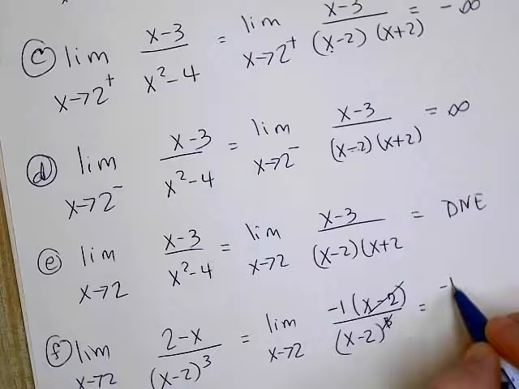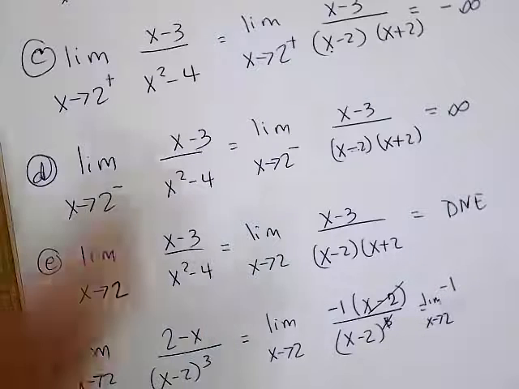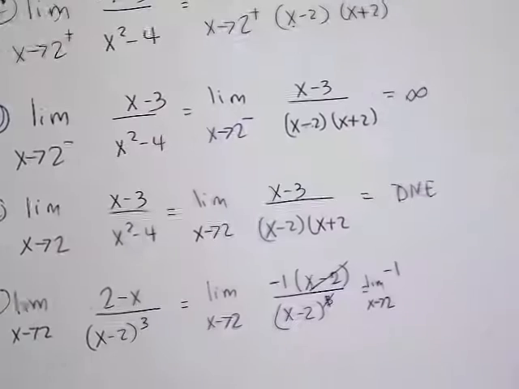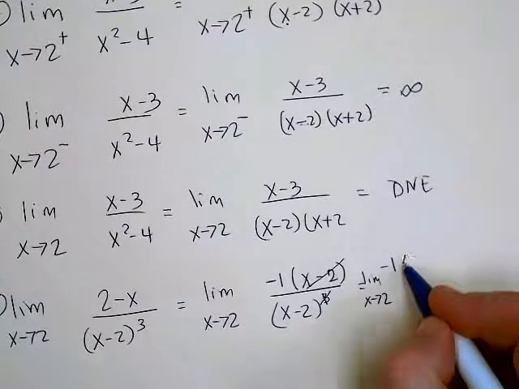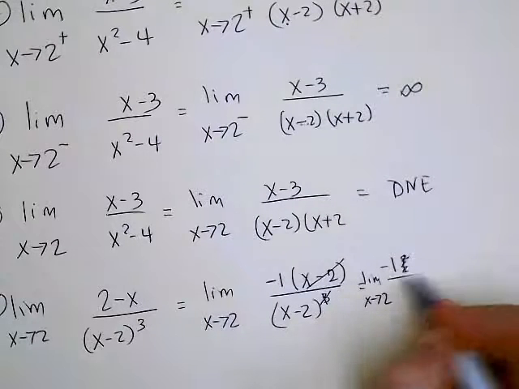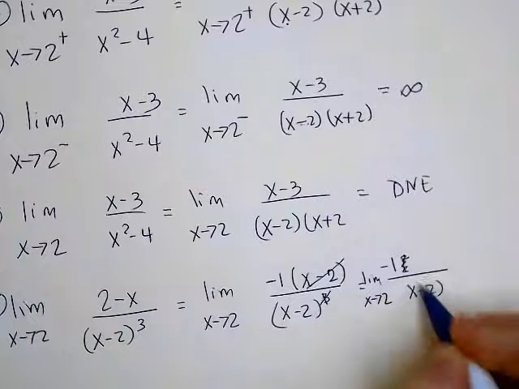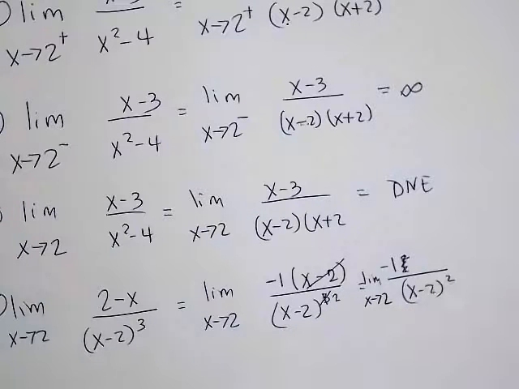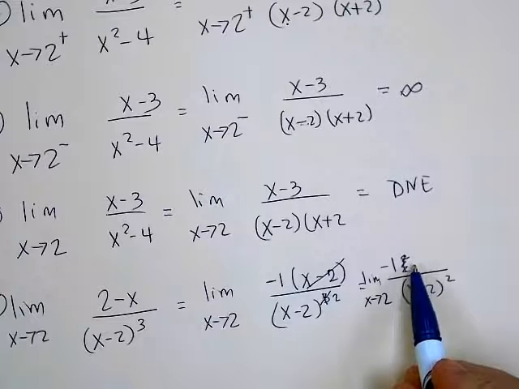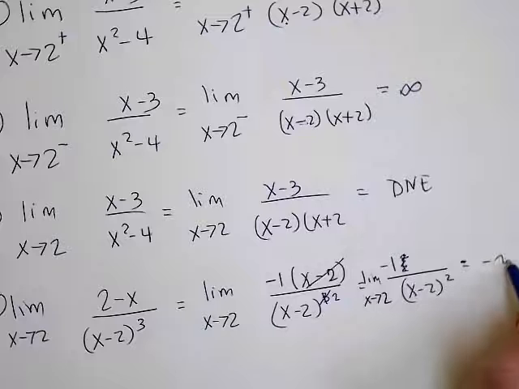So I have the limit as x approaches 2 of negative 1 times nothing, it's all gone, over (x minus 2) squared. So as x approaches 2, this number is going to get very, very small. This is negative 1. It's going to turn into negative infinity.